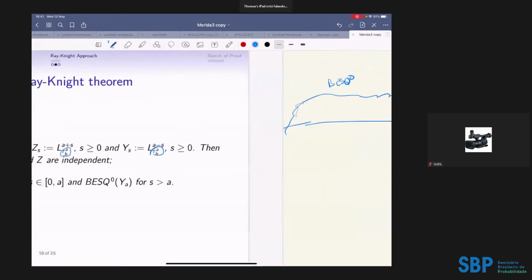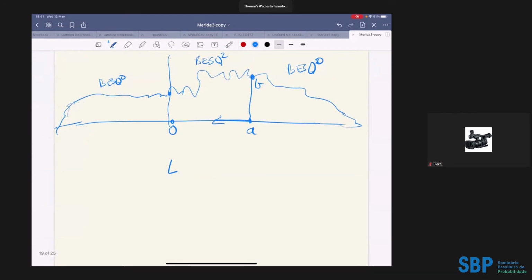And again, you might ask yourself, why do we have this Bessel squared 2 and we have Bessel squared 0 here? That comes from the fact that, looking at it in terms of the cookie random walk approach, if you're going beyond here, at this time, the number of moves to the left from, call it, A plus K to A plus K plus 1 have to be the number of moves from here back again.